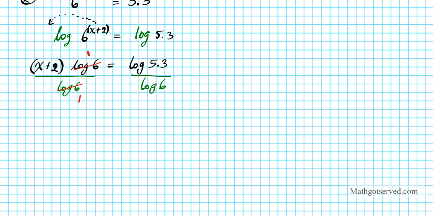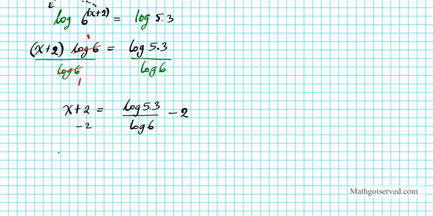That leaves us with x plus 2 equals the common log of 5.3 divided by the common log of 6. So we'll now just subtract 2 from both sides. That yields the exact answer, which is the common log of 5.3 over the common log of 6 minus 2.